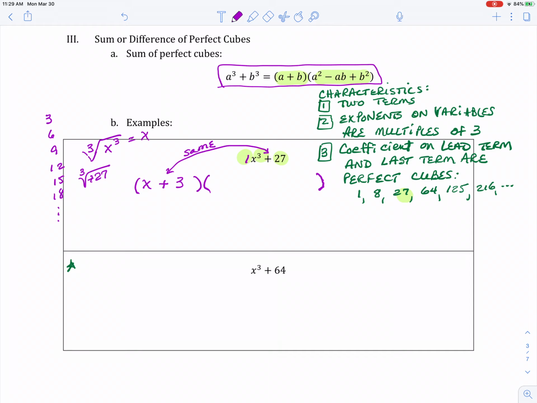Okay, so once you get that established, then you work off of that to get this trinomial expression. So you take the first term here, you can see it right there, you square it. That brings me to x squared. When you get the middle term, this negative ab, what you're going to do is multiply these two terms together.